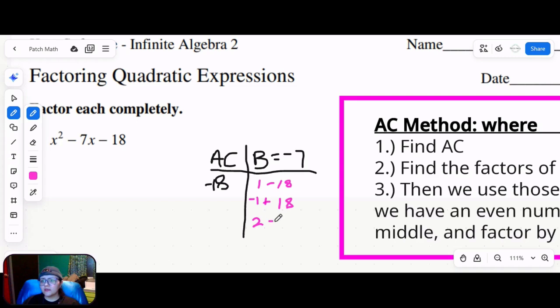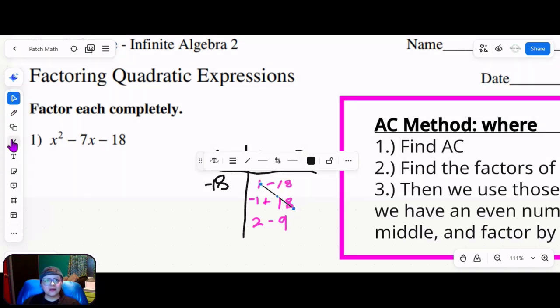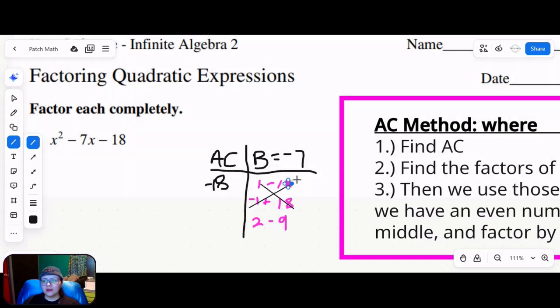So 2 minus 9. Ding, ding, ding. We have a winner. 2 times negative 9 is negative 18. And 2 minus 9 is negative 7. So that is our factors of AC that add up to B there.